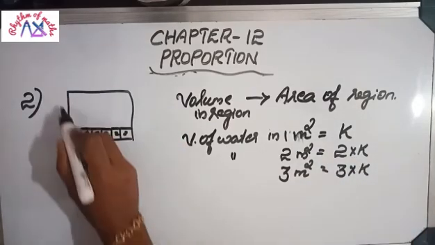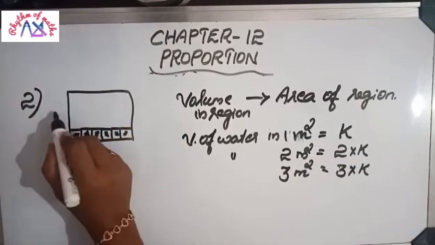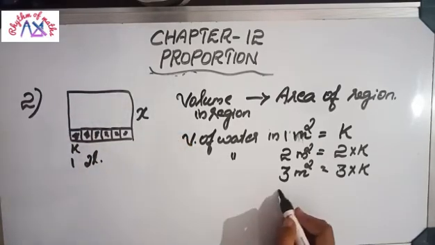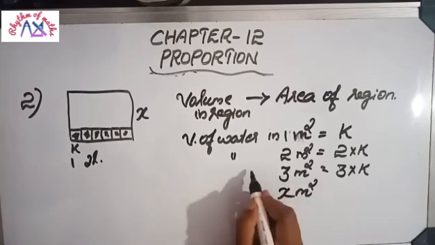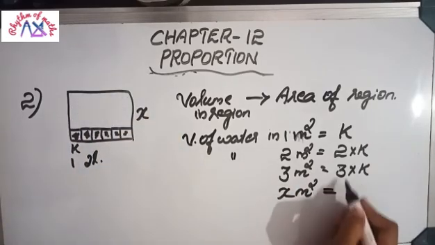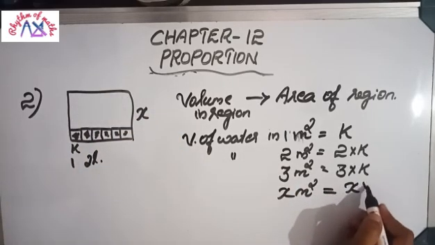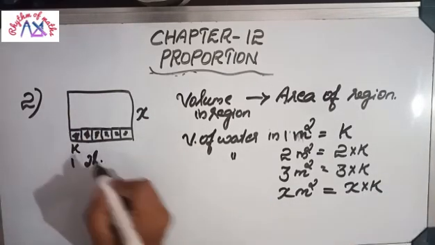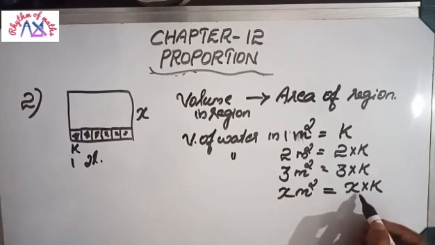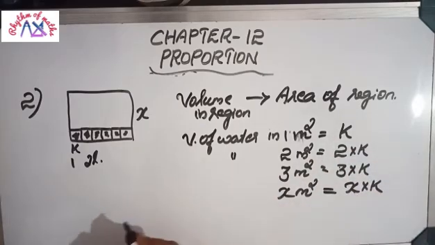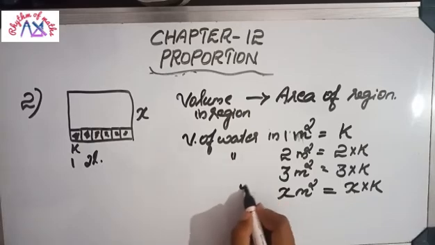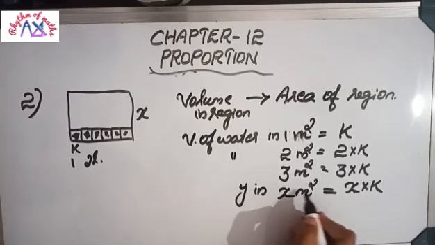Suppose the area of this region is x meter square, then the volume of water becomes what? X into K. So volume of water we can consider as y in x meter square.